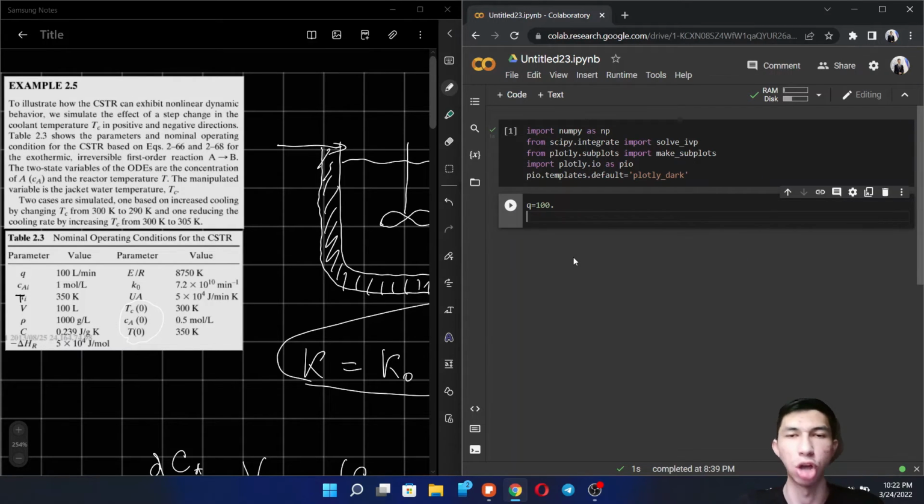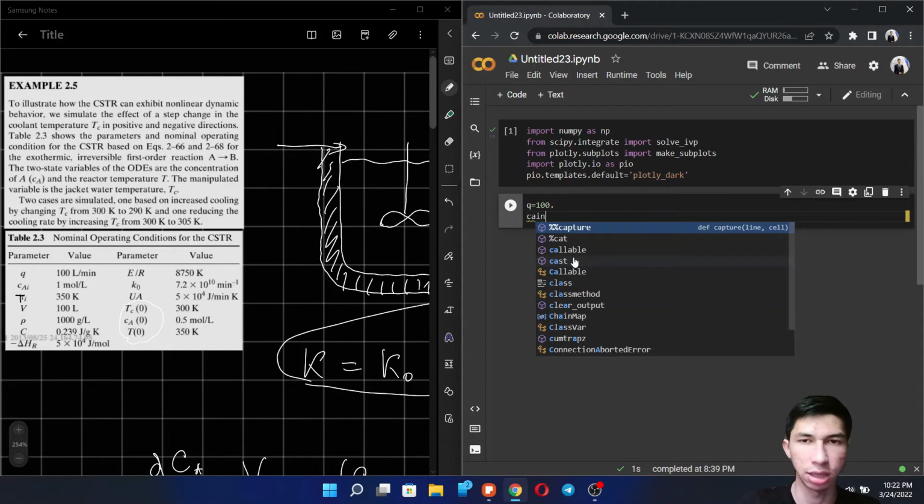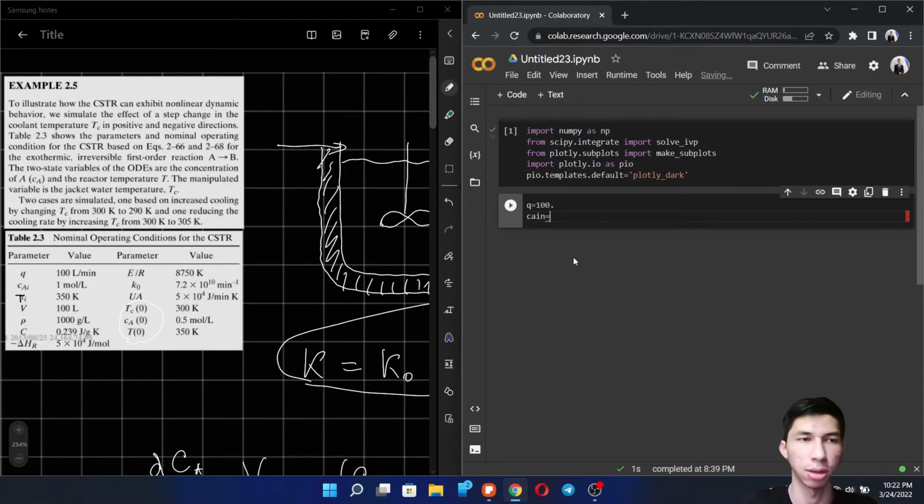And I'm going to use dots because I just want to make sure that Python is going to get it as a float, not an integer. Okay, so we have the concentration of A that's going inside. I'm going to make it CAN. So it's going to be 1, right?